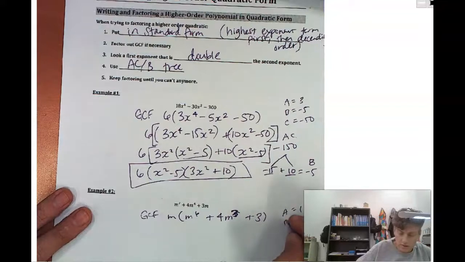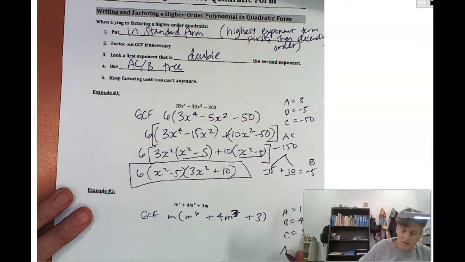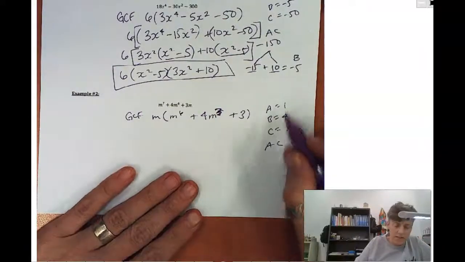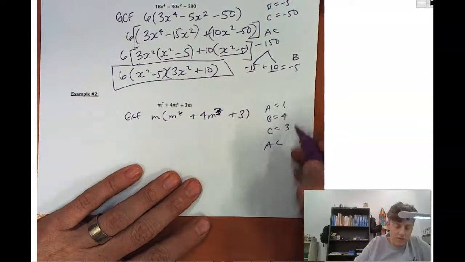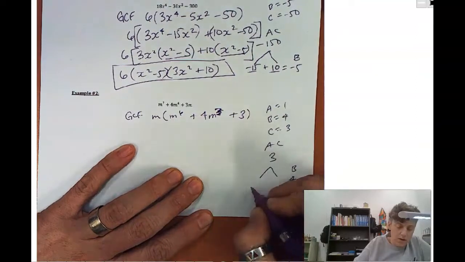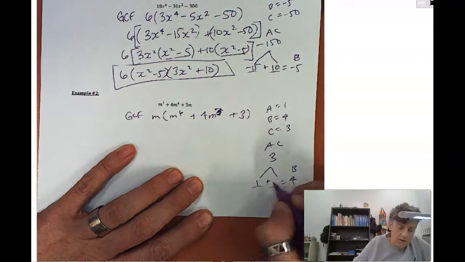So let's do our ACB tree. A is 1, B is 4, C is 3. We need two numbers that multiply to be A times C, 1 times 3 is 3, and add to be B, which is 4. So we're going to get 1 and 3.